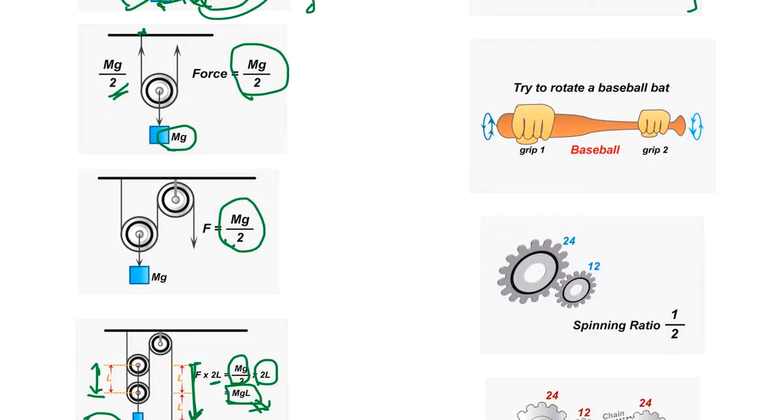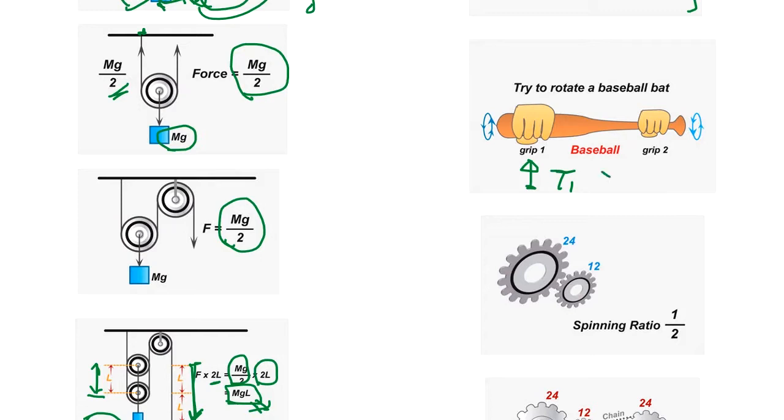When you hold the narrow side of the bat and the fatty side of the bat, and you twist the other way around, who wins? Well, this guy has more torque, right?